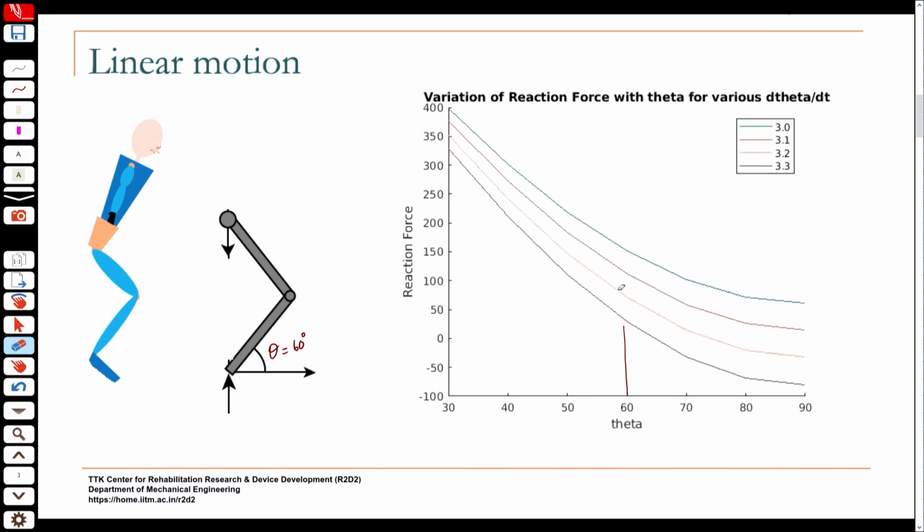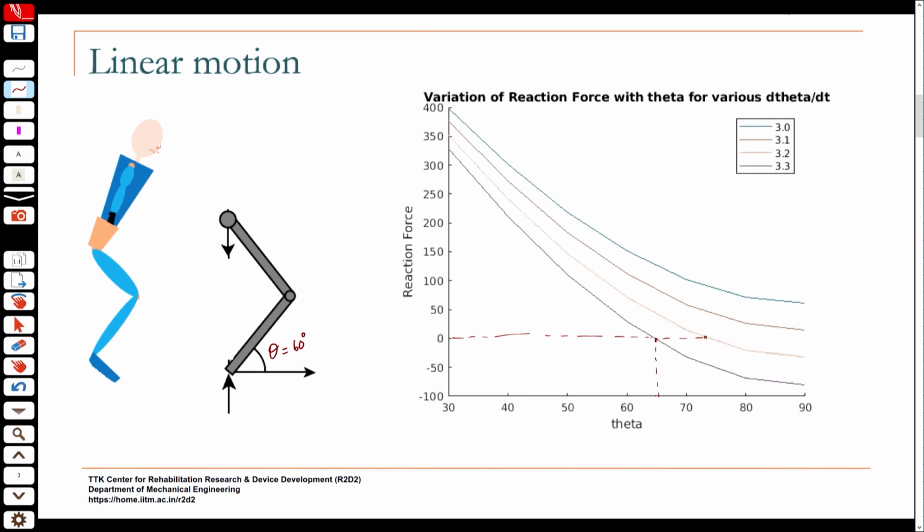So, say I take 70 degrees, or somewhere here is where my reaction force will become 0. So, if the angular velocity I am able to generate is about 3.3, then I can take off when it is at that angle of 65 degrees to the horizontal, the shank angle.